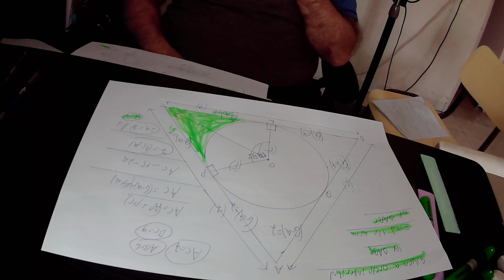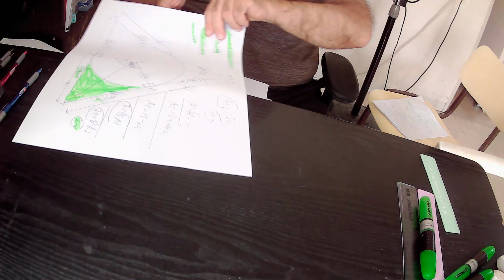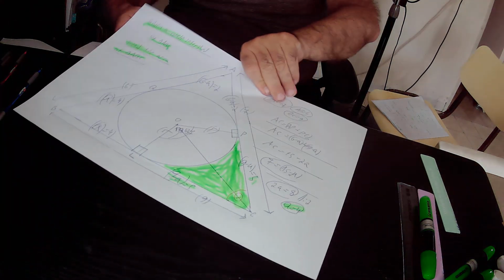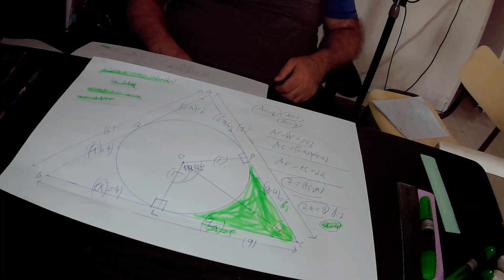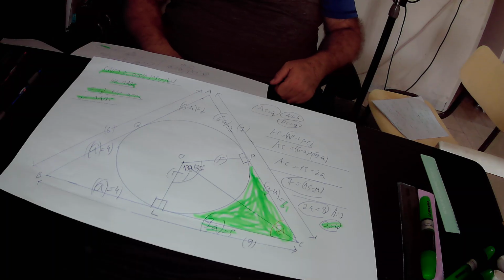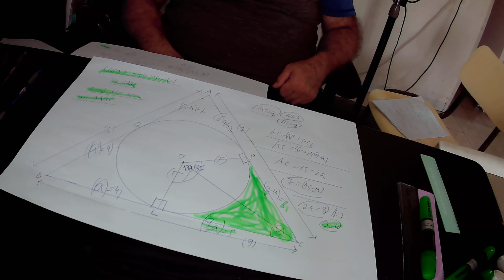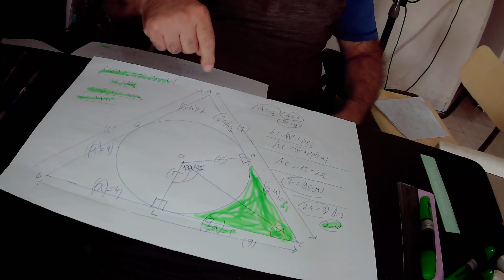So in the next step, we calculated the semi-perimeter of this triangle ABC. The semi-perimeter of any triangle equals the perimeter over 2. And the perimeter of any triangle is the sum of the three side lengths of the triangle. In this case, it is AB plus BC plus AC.